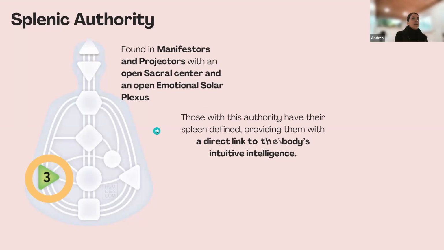With this center, I don't have this authority, but I've heard from other people that do have it that it's kind of fleeting. So it's not an always-there response like the sacral authority. This one comes and goes, and it's more linked to intuition.